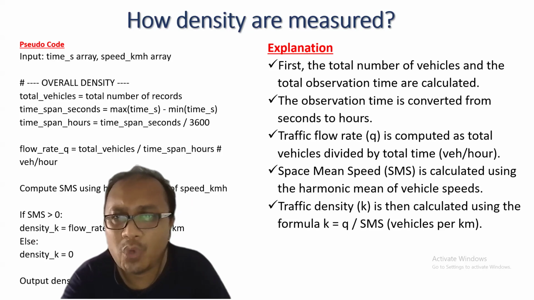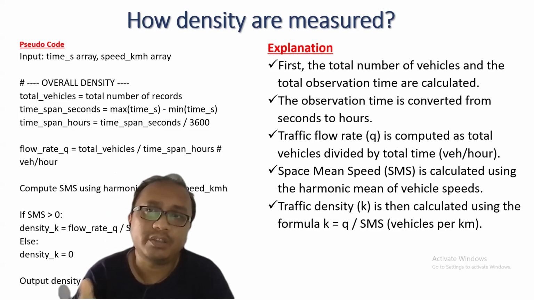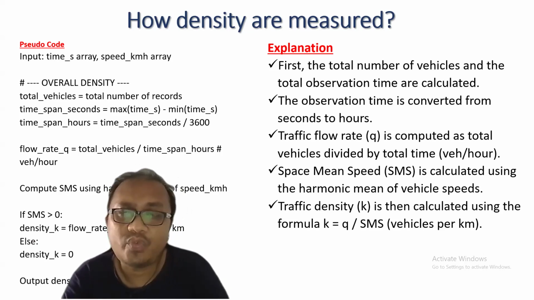So the traffic flow rate divided by the space mean speed gives us the traffic density. It's not possible to calculate direct density since our road space is a little bit small. A way to calculate it directly is from density using YOLO, or we can use ROI, that is region of interest.